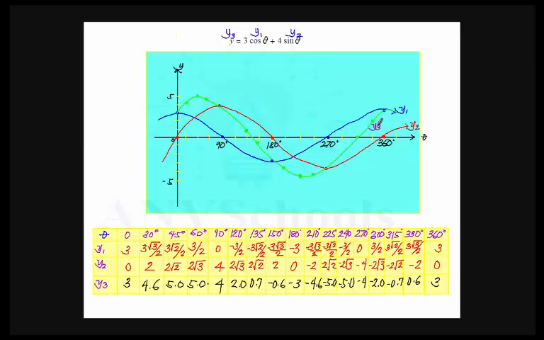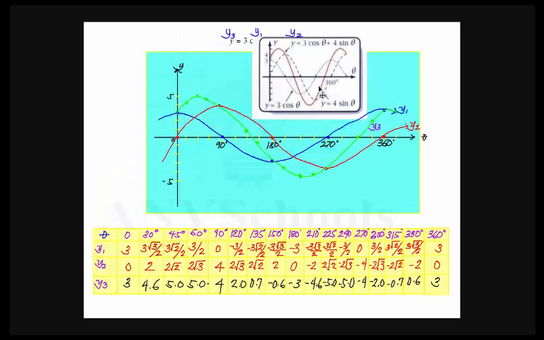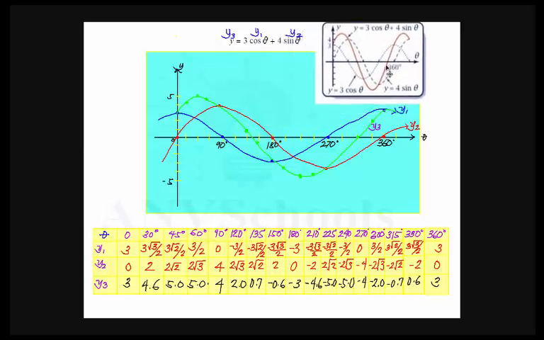Okay, so comparing it to the graph in the book, this is the graph in the book, and this is taken for 1 revolution also. And take note that we have a similar graph. So this is how we graph a combined sinusoid. Okay?